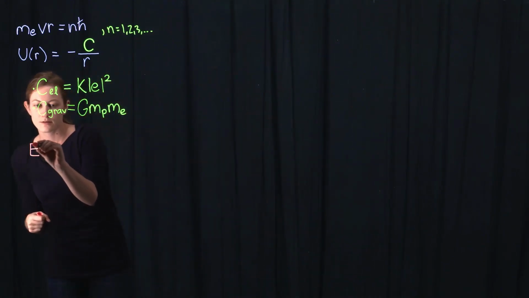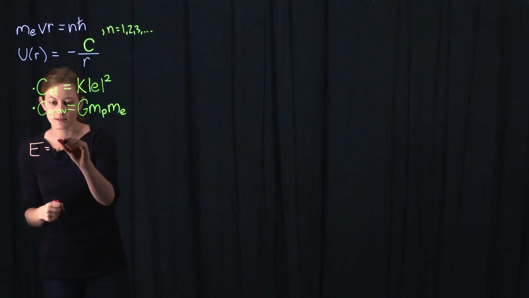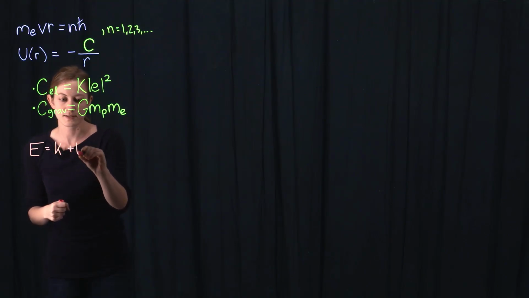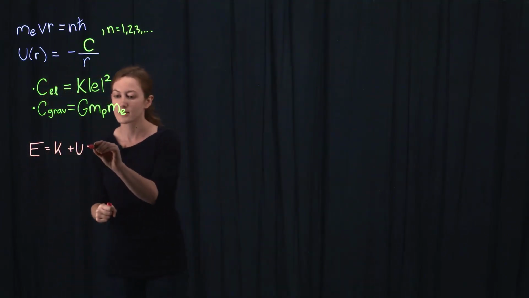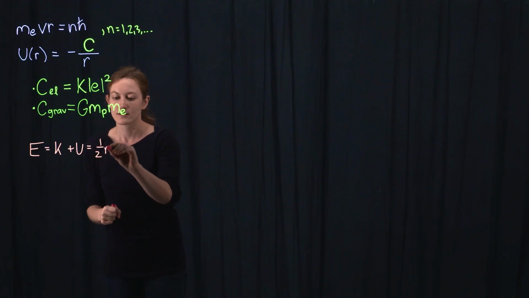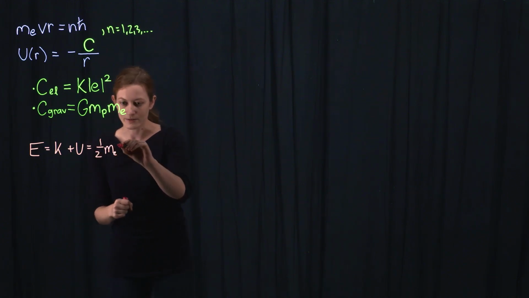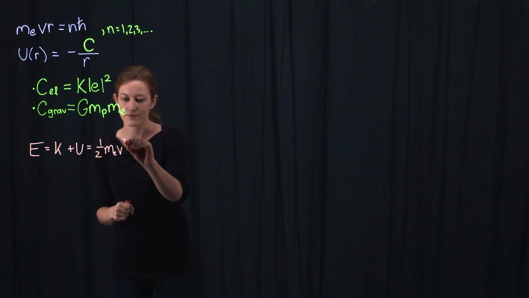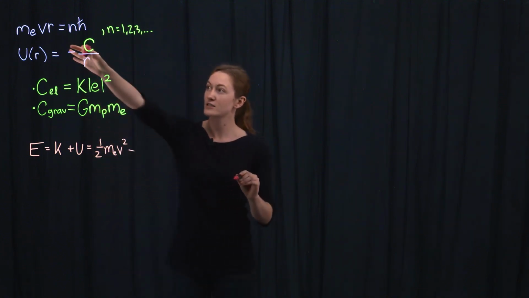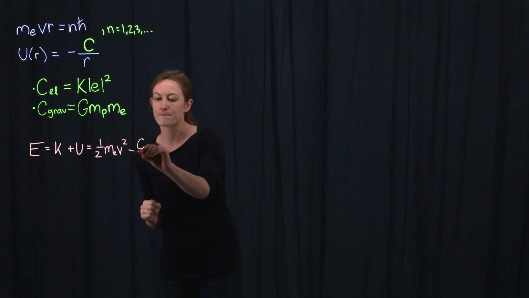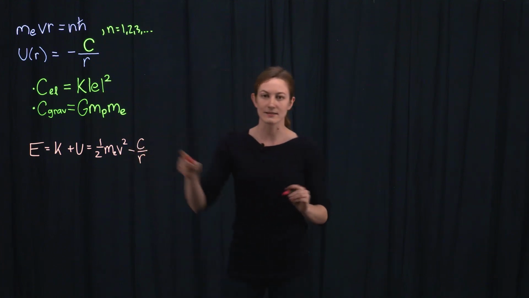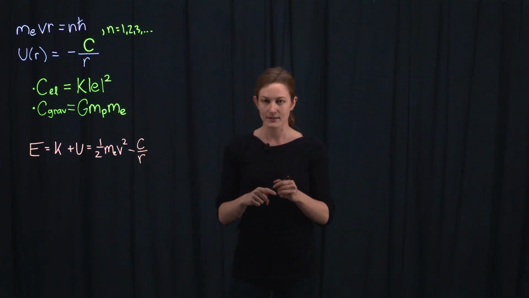So the total energy is, of course, the kinetic plus potential energy. The kinetic energy is the kinetic energy of the electron going around the proton, 1/2 mv squared. And the potential energy is just minus C over r, where we'll plug in C later for these constants.